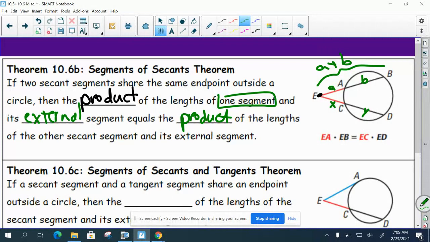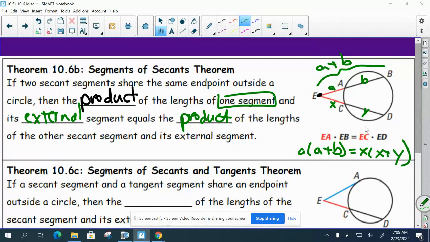So another way we could write this is that EA, which we're calling little a, times the whole thing, which is A plus B, is equal to EC, which is X, times X plus Y, the whole entire secant segment.